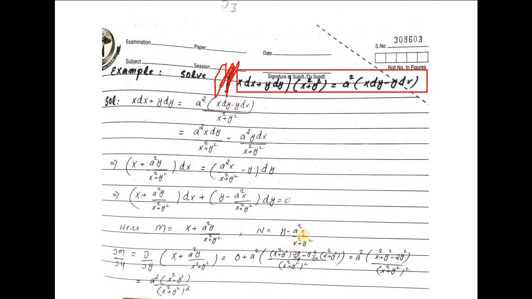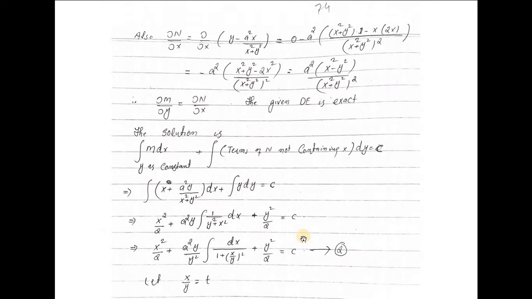The derivative of y with respect to x is 0, and using the quotient rule for this term, minus a square, the square of the denominator, times the derivative of x with respect to x, which is 1, minus the numerator times the derivative of the denominator with respect to x. The derivative of x square plus y square with respect to x is 2x.